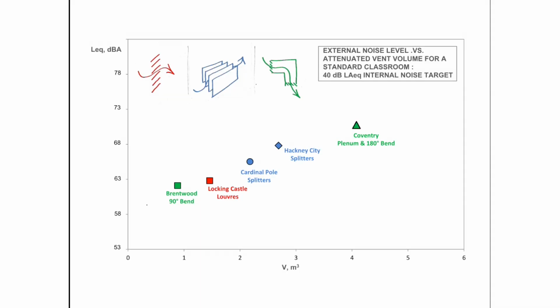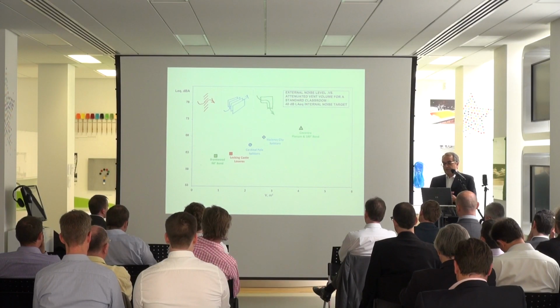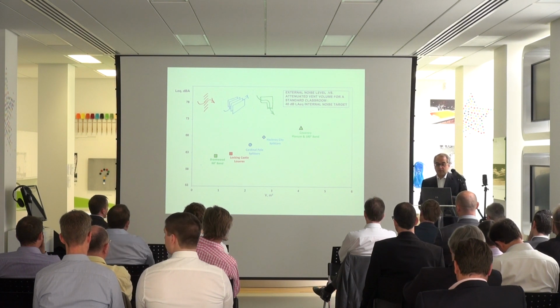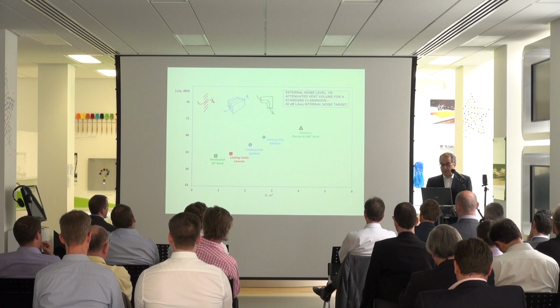It's a generally accepted number, but it should be accepted in a reference way. And so here on the vertical axis, we have the external noise levels that the different attenuators could deal with to achieve 40 dBA inside the classrooms. That is the standard noise level. So it's BB93 plus 5 dB extension for the fact that we are naturally ventilating the space.